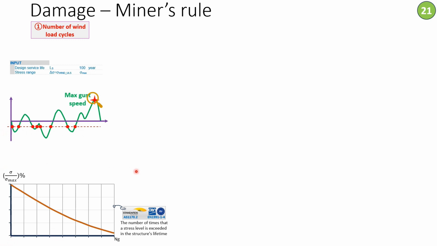This graph will be the key graph for us to use to calculate the damage resulting from fatigue subjected to a variable amplitude cyclic loading like the one shown on the screen here. To do this, we have to use the concept of segmentation for the stresses, or incremental stresses. So we divide the graph into stress increments, or stress segments. Each segment represents a stress increment, and each stress increment is basically a percentage of the maximum induced stresses resulting from the maximum wind gust.